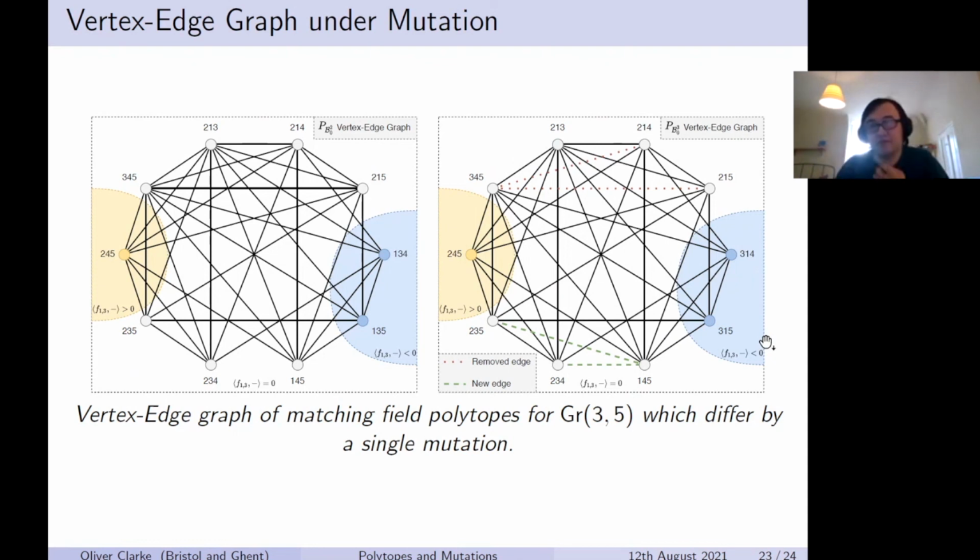But by moving those two vertices, you change the vertex-edge graph. You remove these two dotted lines at the top and you add these two dotted edges at the bottom. So it's very hard to predict how things change in this way.